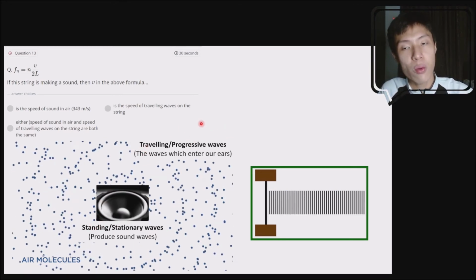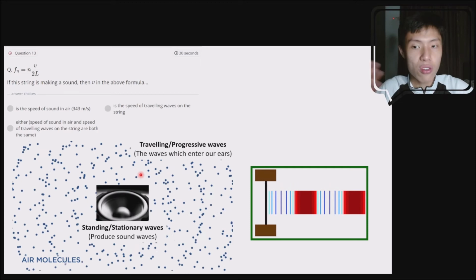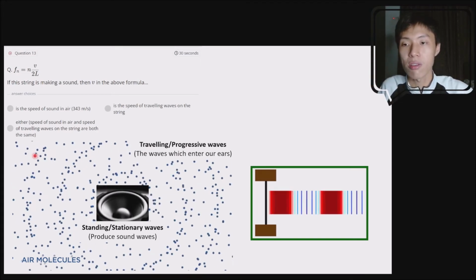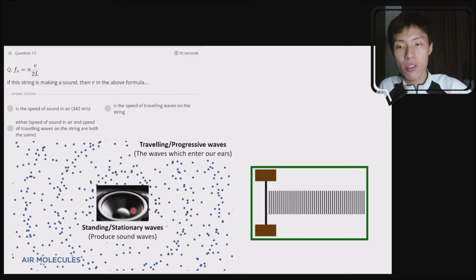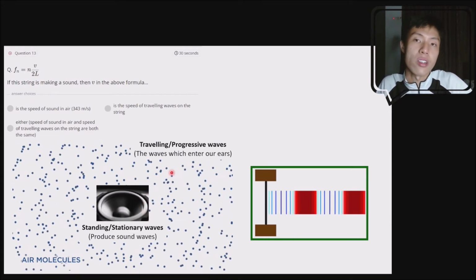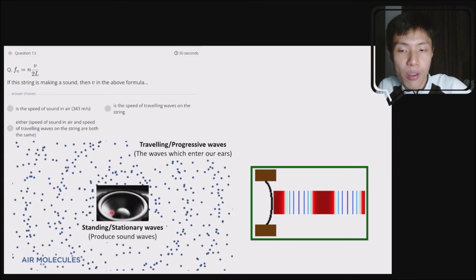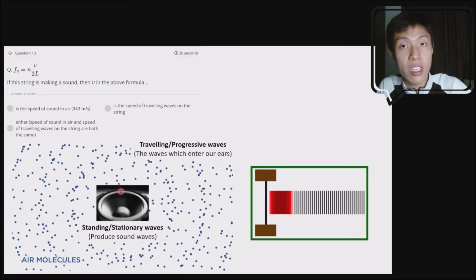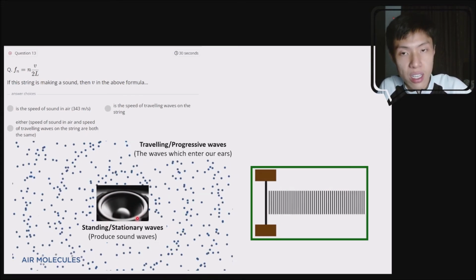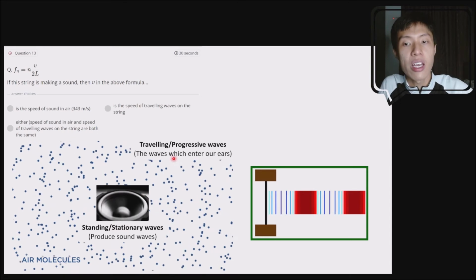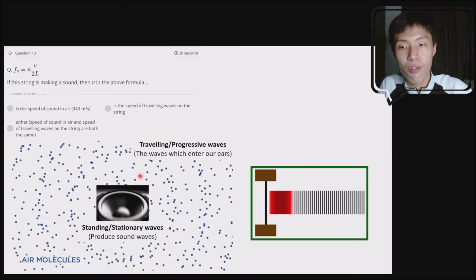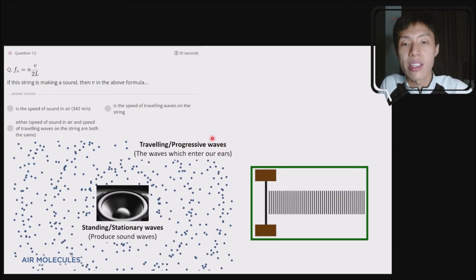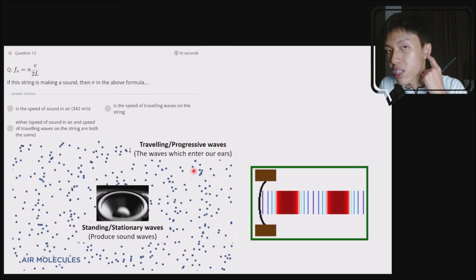So if the traveling wave is traveling through air, you can see the air particles vibrating in this kind of fashion. But you need to differentiate where the standing wave is and where the traveling wave is. The standing wave is at the musical instrument that is producing the sound wave. The sound wave is a traveling wave coming out from the musical instrument, and this is the wave that enters our ear.